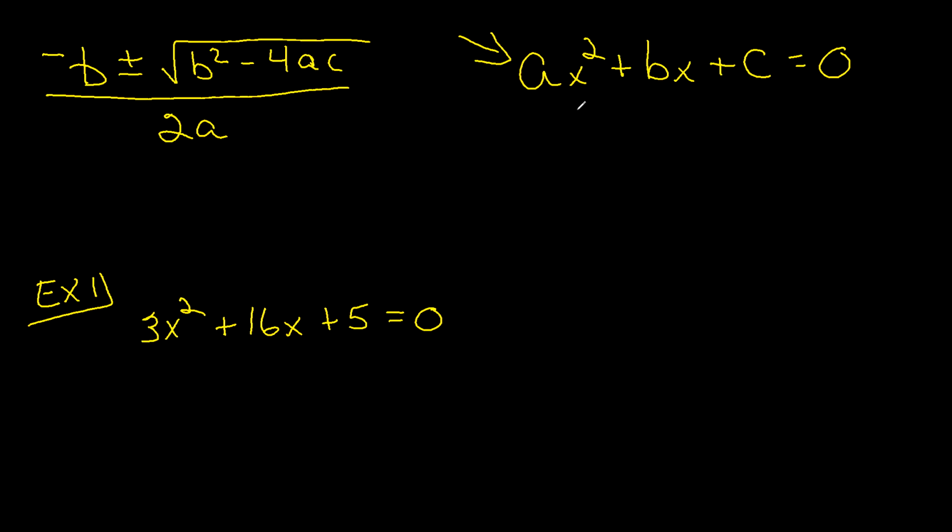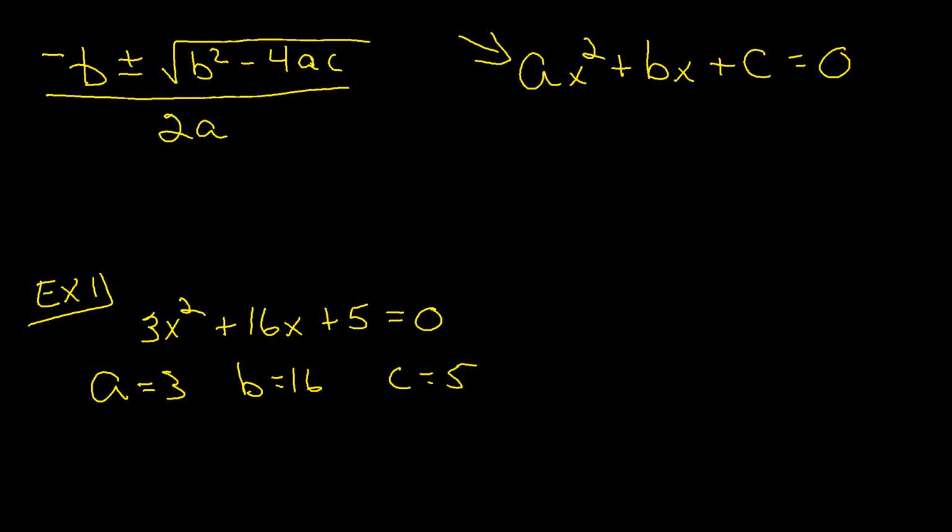using our math skills. So as related to our first example, I see I've got 3 here, and you can jot this down to help you if you want. So this would be something to the tune of a equals 3, b equals 16, and c equals 5.